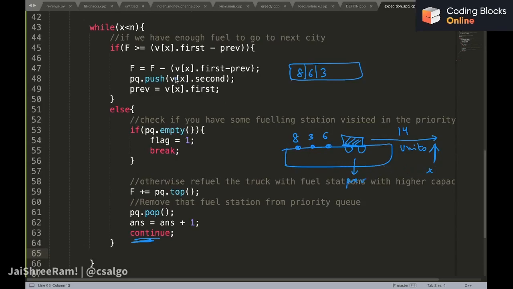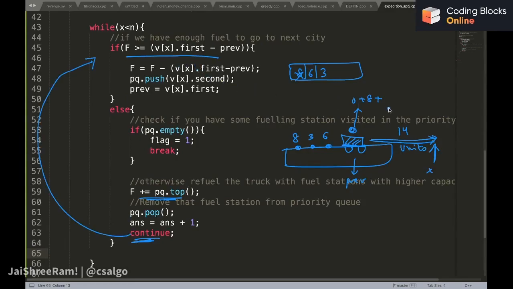So if you say, I cannot go up to this point, and fuel at this point is 0, you remove a fueling station, that is 8, and you add it to the fuel capacity, so it becomes 0 plus 8. But still you observe that you cannot reach this point, and this if is still not true.